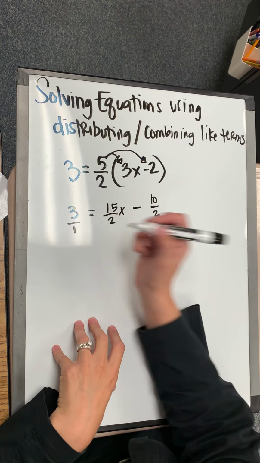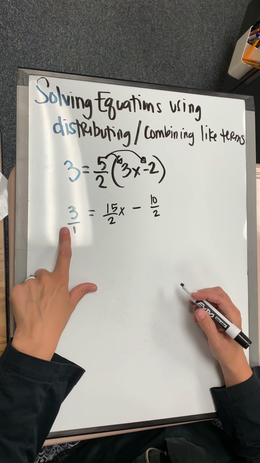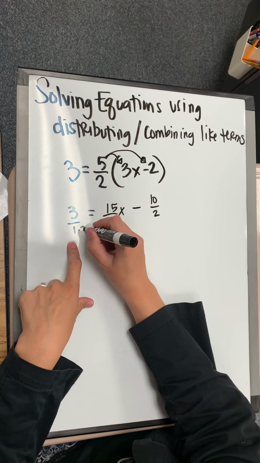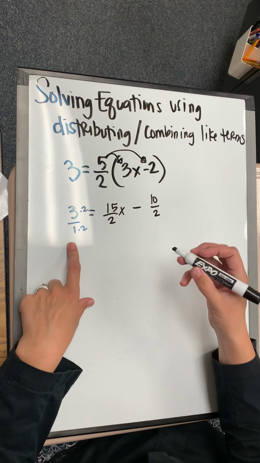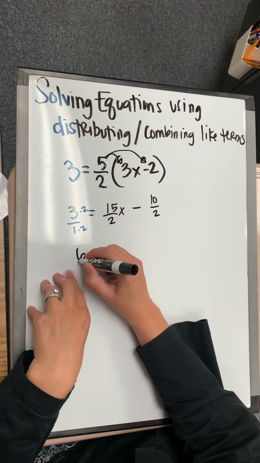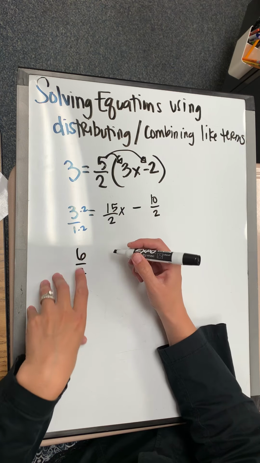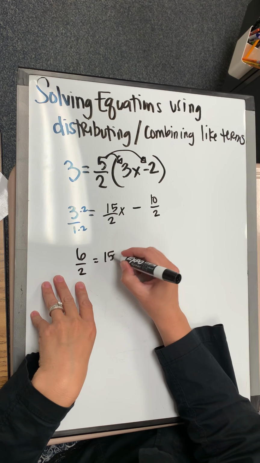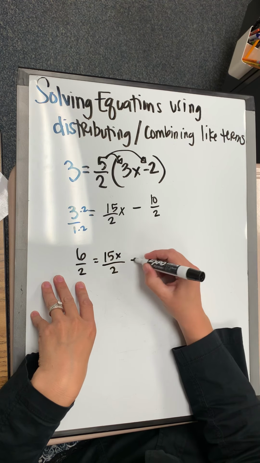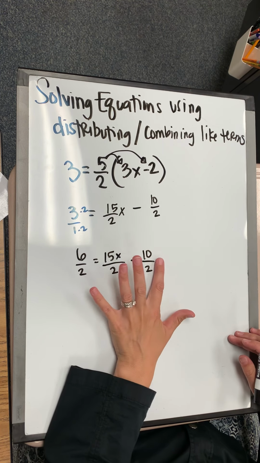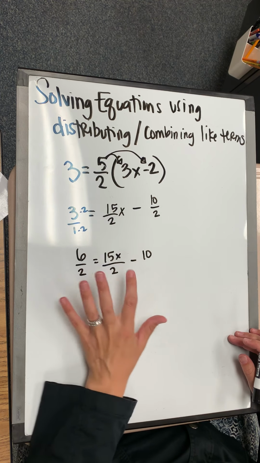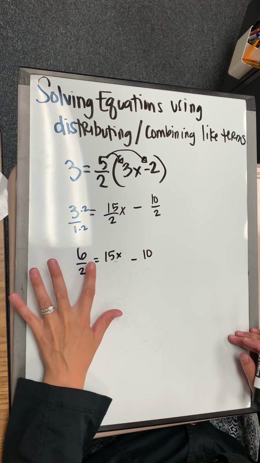Currently the 3 is over 1, so I need to times the bottom by 2 and the top by 2. What that does is it gets us 6 halves is equal to 15x halves minus 10 halves. Because the denominators are all the same, we can disregard them.